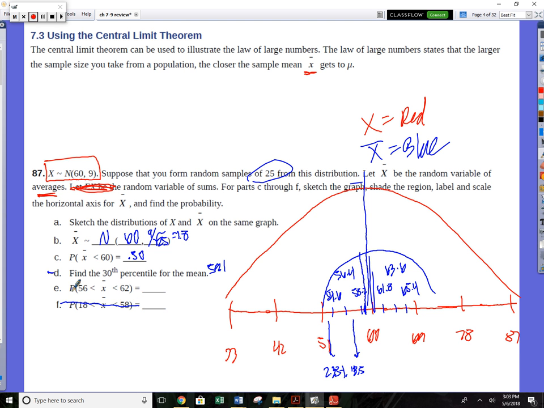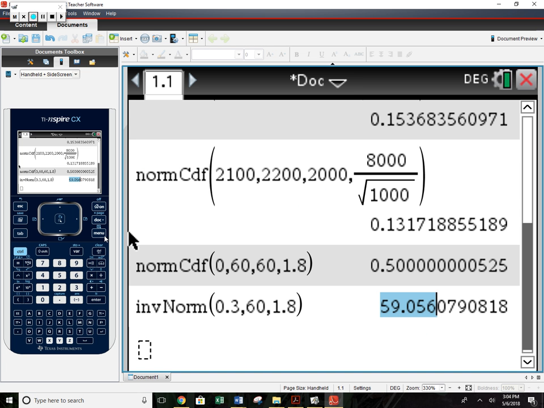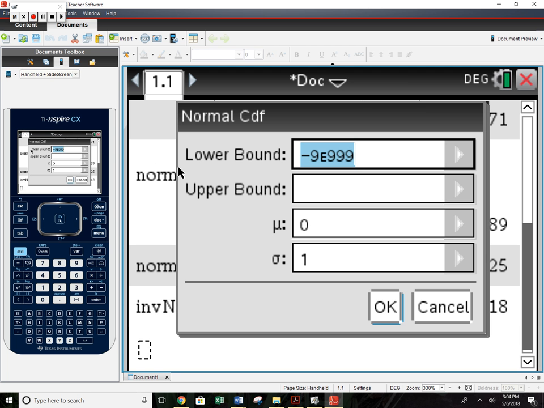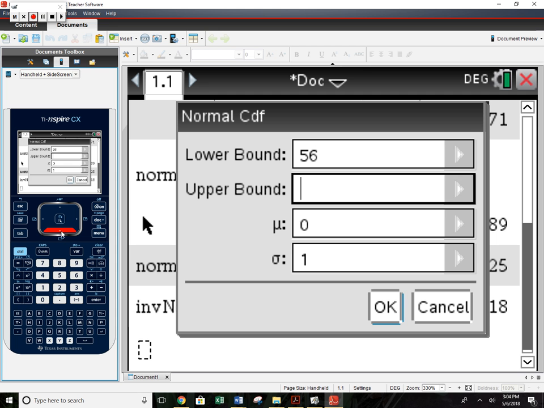Okay, now they want the probability of X bar landing somewhere between 56 and 62. So menu 6, 5, that's a cumulative distribution. Let me look here. They wanted the lower bound to be 56, the upper bound to be 62, mean to be 60, standard deviation to be 1.8.